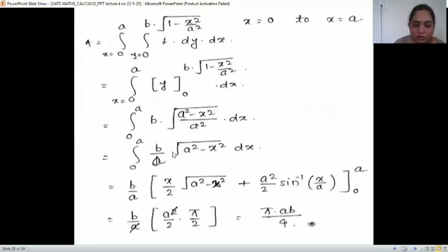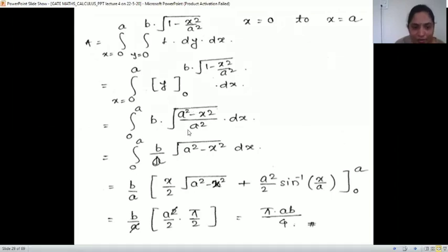So substituting in area, we get 0 to a for x and y from 0 to b, 1 into dy dx. So 0 to a, first with respect to y, so integration of y from 0 to b, so b into this, lower limit is 0, it is 0.